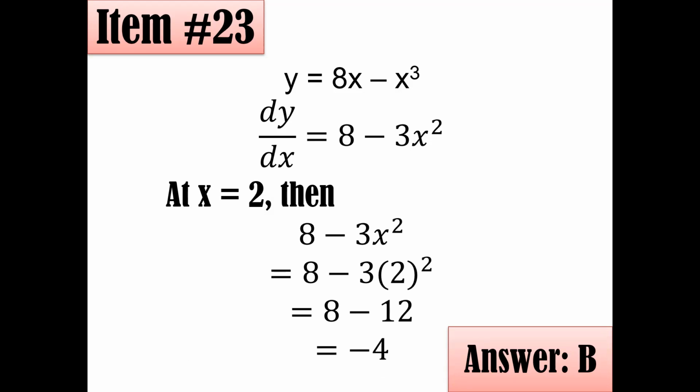Letter B. Wow. So far, tama po si Sir Sadie at saka si Ma'am Jackie Lou. All right. I hope na naintindihan po natin. I hope na nakuha po natin yung solution.